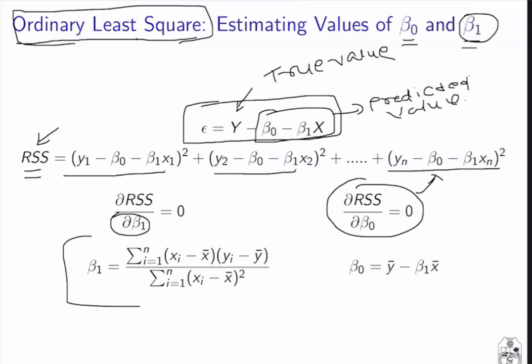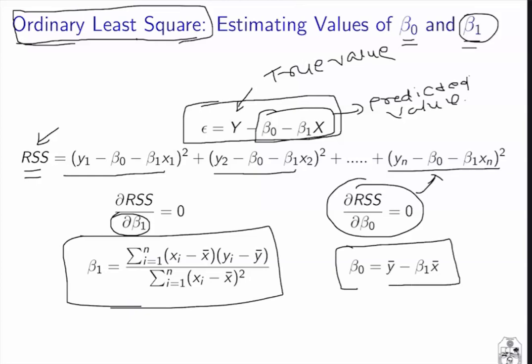These are the equations we got in our earlier videos for beta 0 and beta 1. Using them, we estimated the values of beta 0 and beta 1 for our running example of predicting end semester examination marks from the given mid semester examination marks and the classroom attendance.